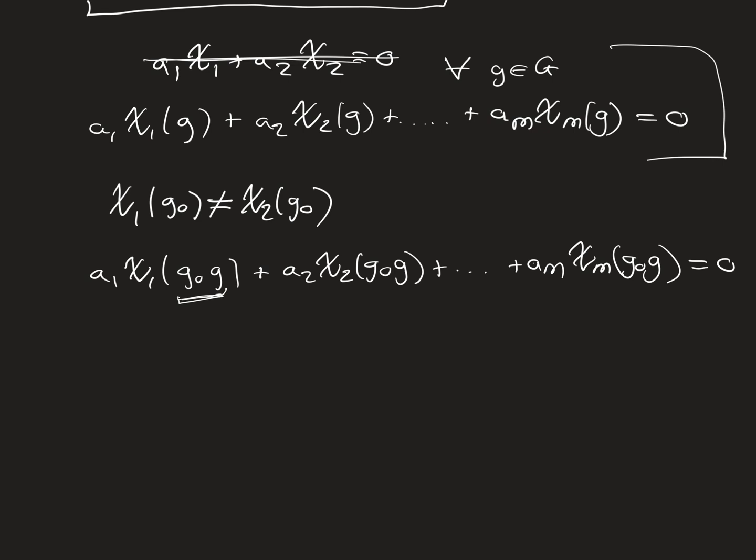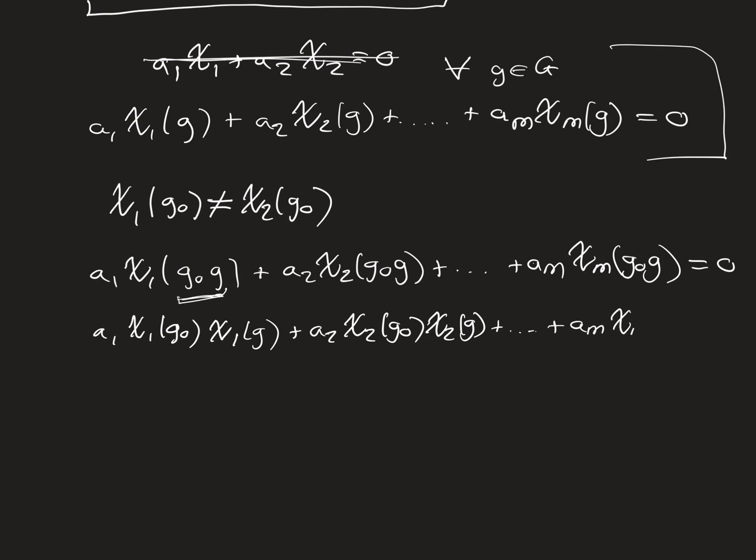Good. Now what we can do is use the fact that chi1, chi2, all of the chi's are group homomorphisms, so we can split this into chi1 of g0, chi1 of g, and we can continue on, A2 chi2 of g0, chi2 of g, plus all the way down to Am chi m of g0, chi m of g.